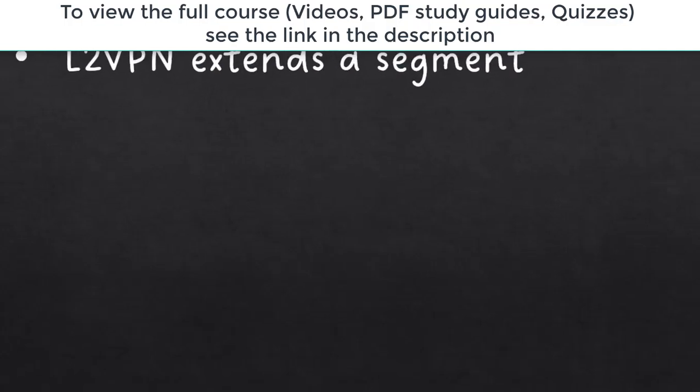Let's take a moment to review some of the key concepts that you learned in this lesson. So we learned that a layer 2 VPN is used to extend a layer 2 segment over a geographic distance or over the internet. This allows us to have systems with the same IP address scheme at both sides of the VPN.